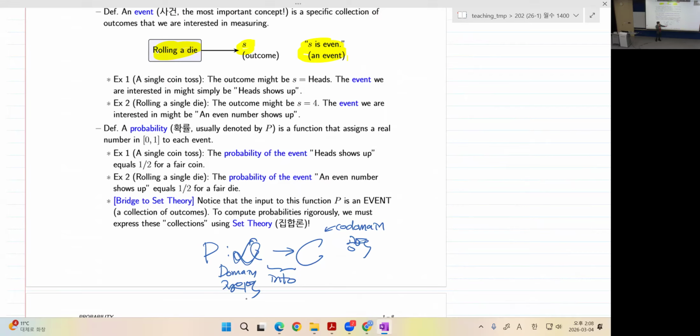But what is the domain in this case? In order to discuss this function mathematically and precisely, we view our event as a set. So the domain will have sets, especially subsets of the sample space, the set of all possible outcomes. And then what will the codomain be? You may say it's a real number, but more compactly, it's the interval from 0 to 1.